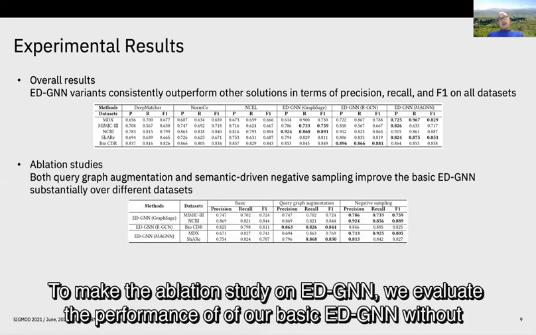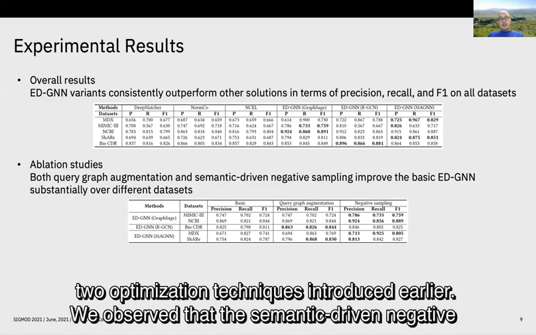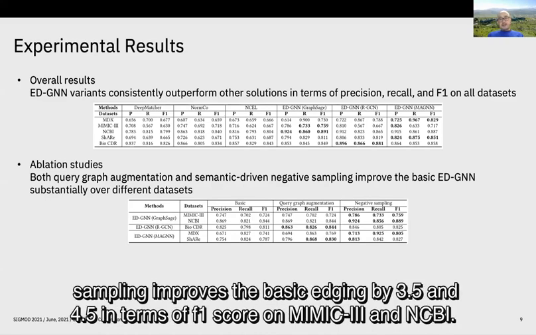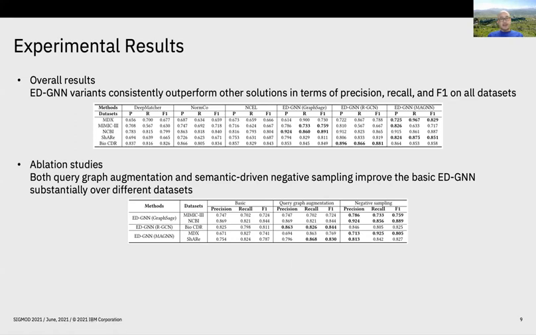To make an ablation study on EDGN, we evaluate the performance of our basic EDGN without two optimization techniques introduced earlier. We observed that the semantic-driven negative sampling improves the basic EDGN by 3.5% and 4.5% in terms of F1 score on Mimic3 and NCBI.